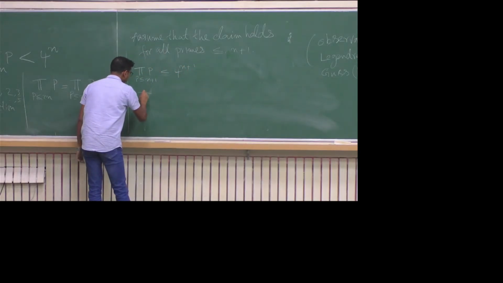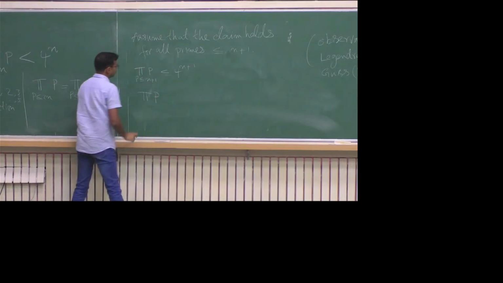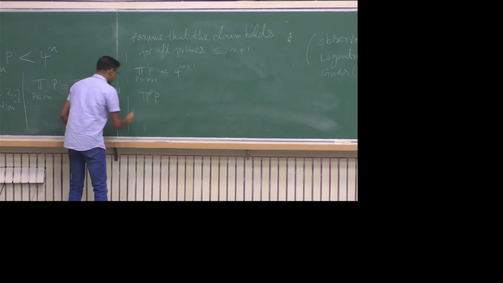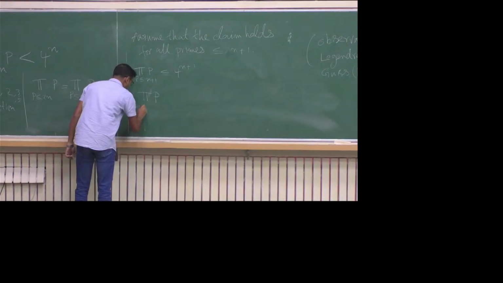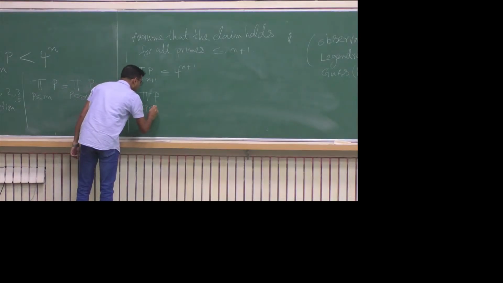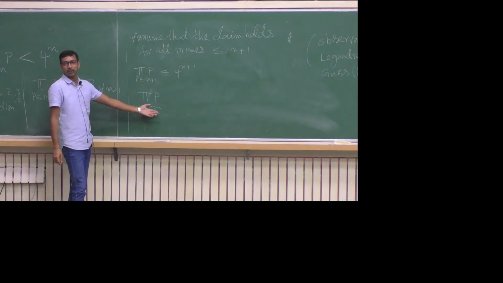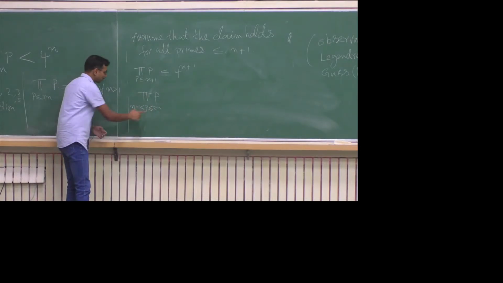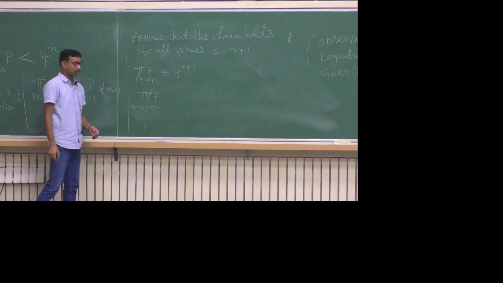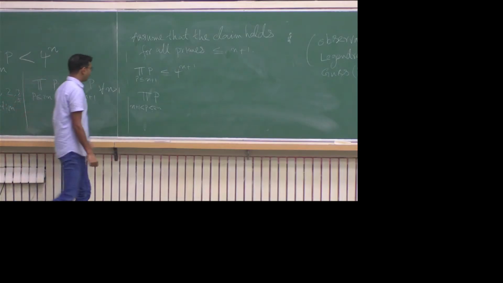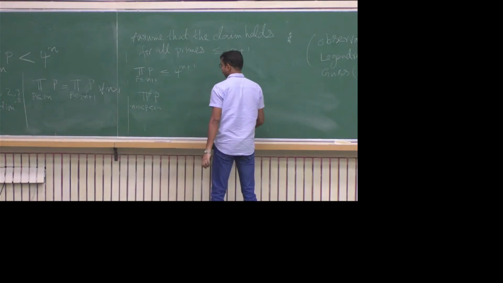Now note one thing, that the product of primes which are between n plus 1 and 2n, so primes which are strictly greater than n plus 1 and less than or equal to 2n, we can also have this here because we are not in the case where n is equal to 1.